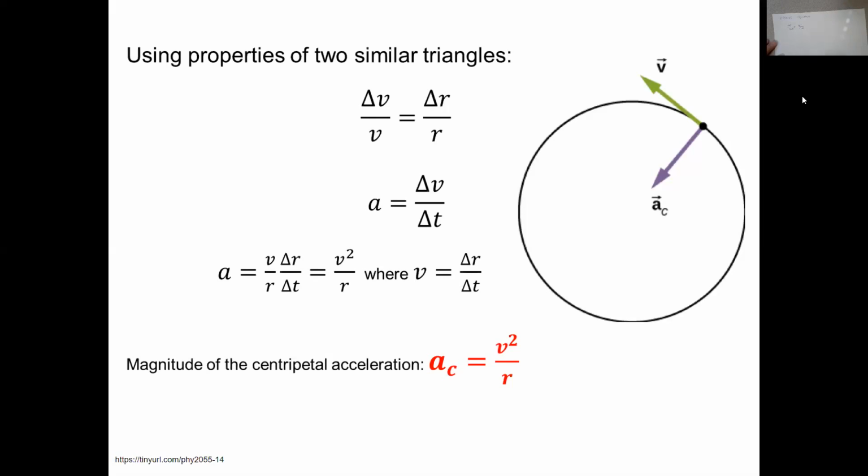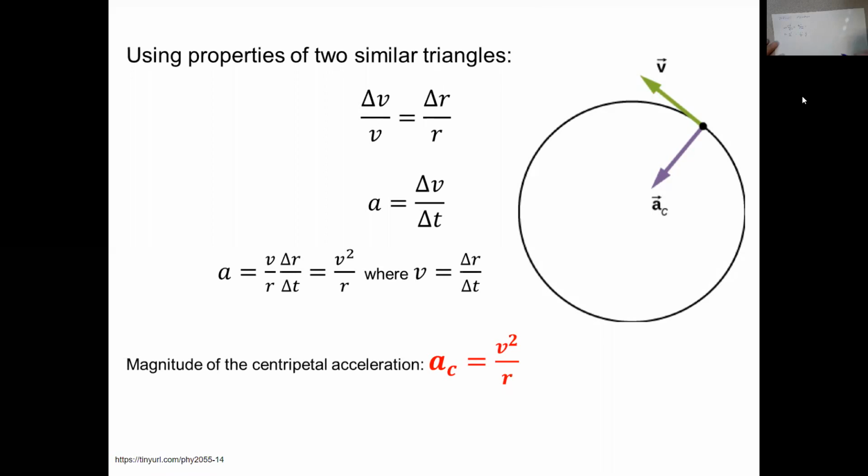Then we multiply both sides by v, sorry, v times that, and then times v on this side, okay? So then you get rid of v here. So then you can see this is delta v over delta t, which is a, right? Acceleration equals delta v over delta t, right? And then this is equal to delta r over delta t, okay, delta r over delta t times v over r.